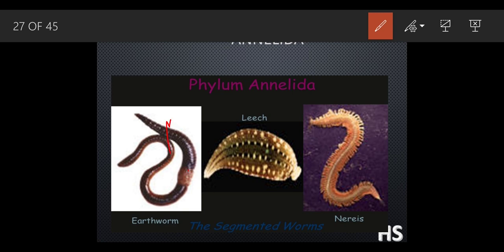As well, they are considered as nocturnal. What do you mean by nocturnal animals? Nocturnal animals are those that avoid light. They are active during the night time. Earthworms are more active during the night time. During day times they burrow.